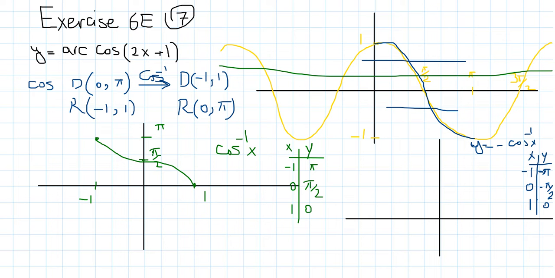By this table, I can now draw easily. I find this point, minus 1 and minus pi. Suppose that here is minus pi.